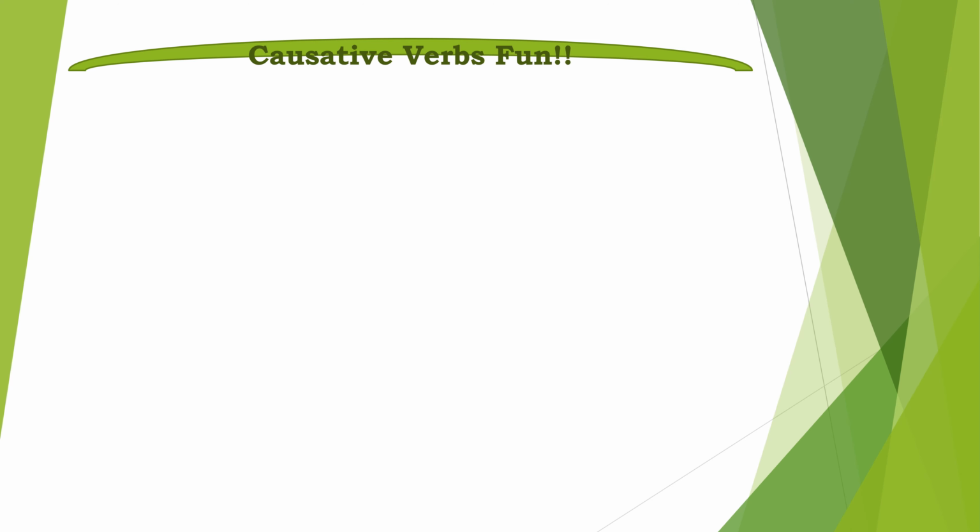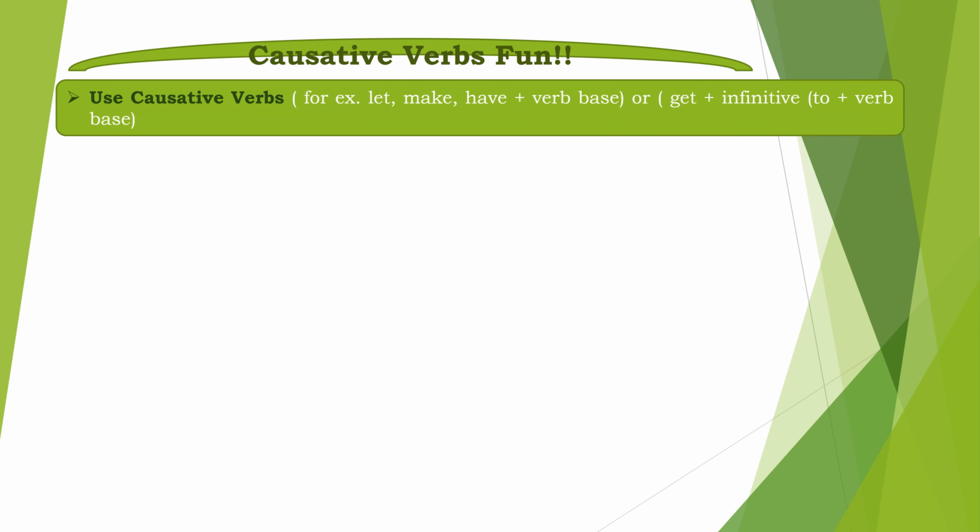After discussing all the four causative verbs, it's time to have some causative verbs fun. You have to use all those causative verbs that we have learned. Let, make, have, use base verb. Get, use infinitive.